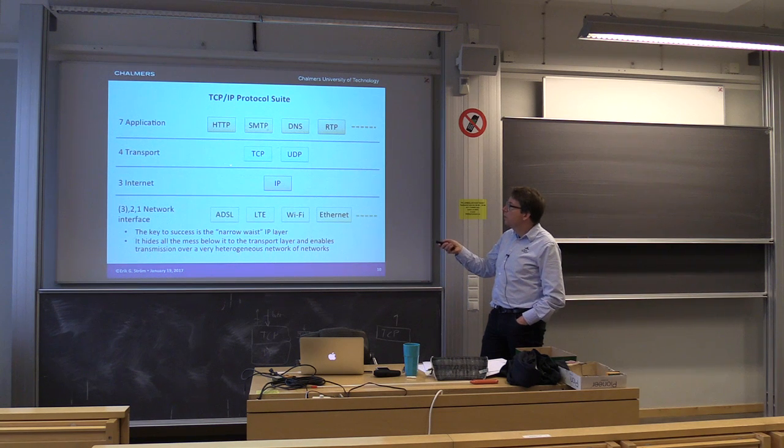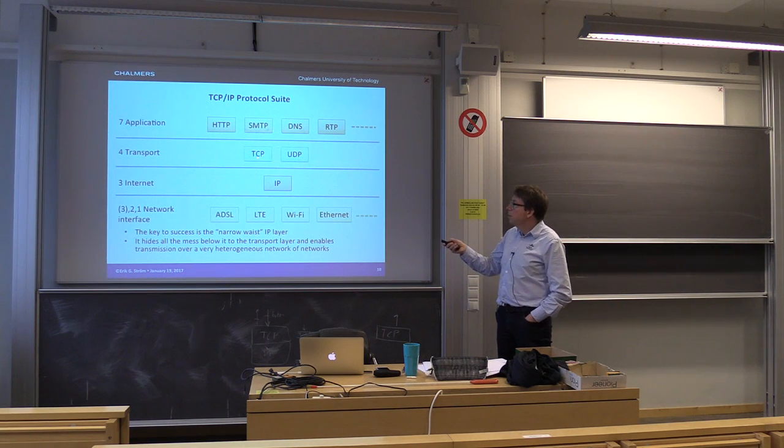Transport layers typically have two protocols which are used by these. And these are TCP and UDP, and we'll talk about the difference between them. If we go down one layer, we have IP. That's the only protocol here which is directly used by TCP and UDP.